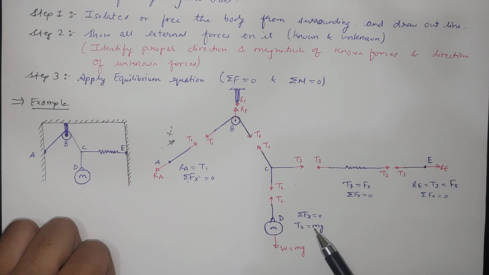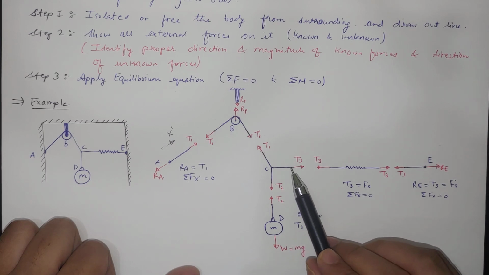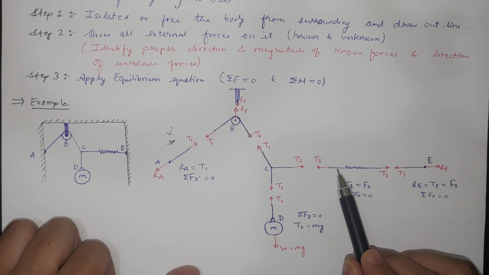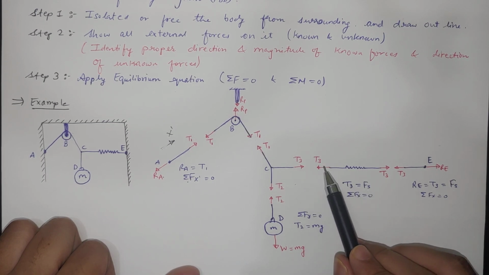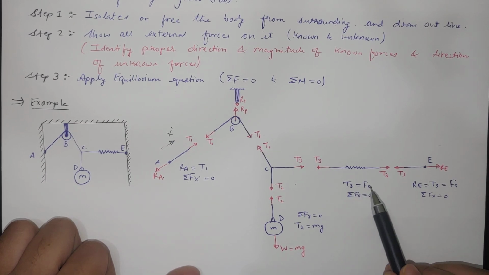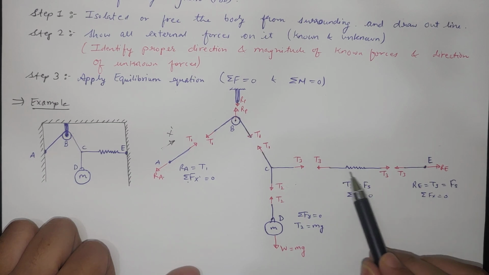This is how we can apply the equilibrium equations. Here we could apply summation of Fx equal to 0, but there are no forces and also no moment present, so those are also valid. We have to choose appropriately which equation to use. This T3 will be equal to the tension in the rope on the spring side, and the spring also has summation of Fx equal to 0, so T3 will be equal to the spring force generated inside the spring, and both will be equal.